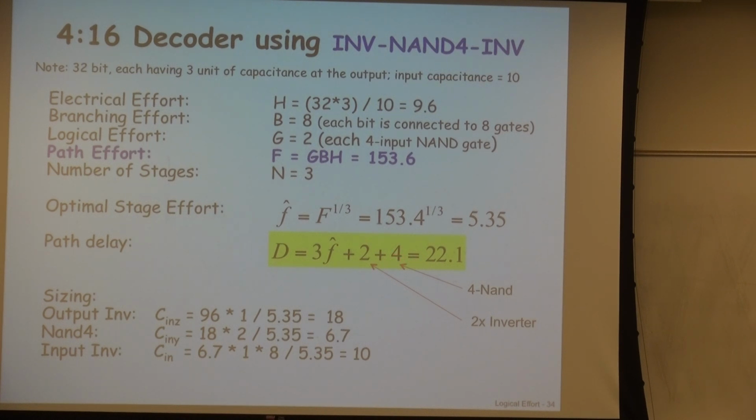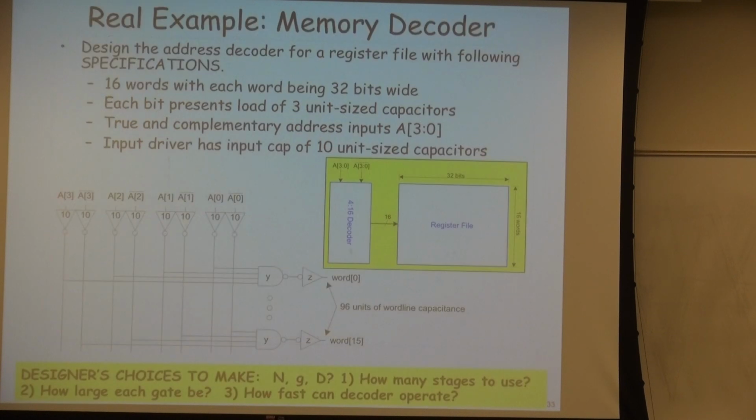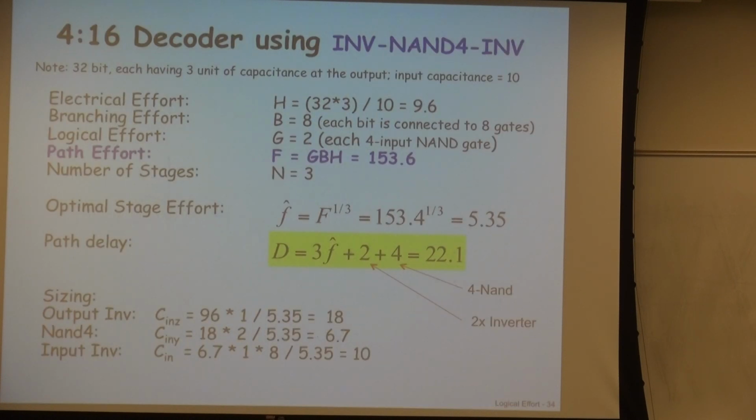Sorry, I mean this is a 2-input NAND gate, and then there are these gates. So altogether, we'll have a delay of 2 inverters, parasitic delay is 2, and 4-input NAND gate, the parasitic delay is 4. So altogether 22.1.